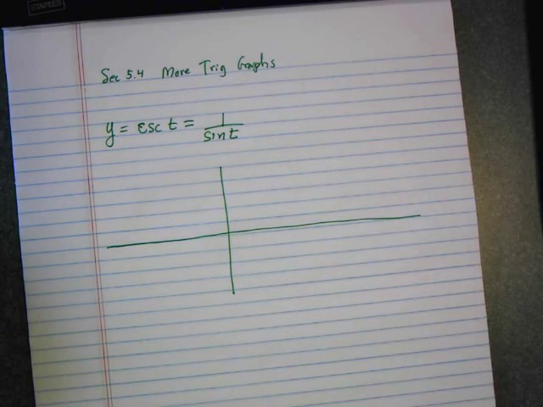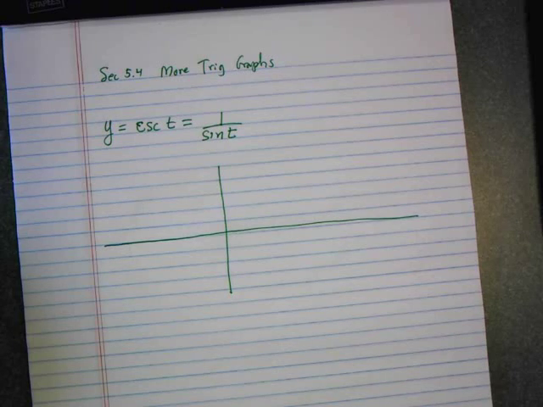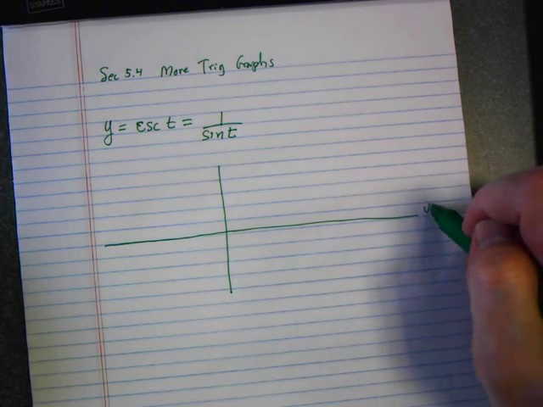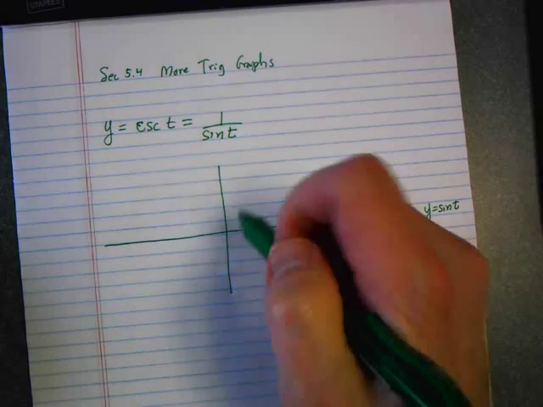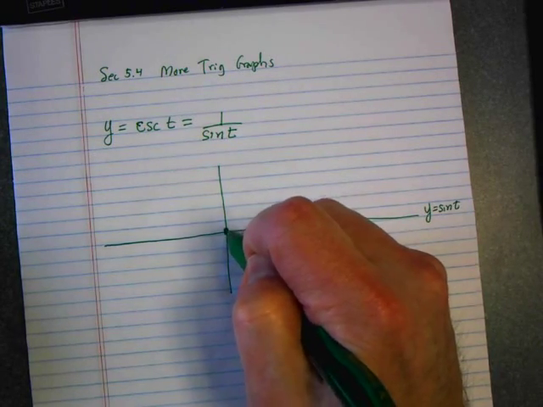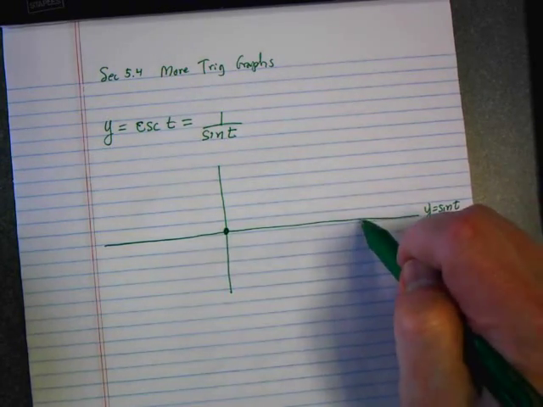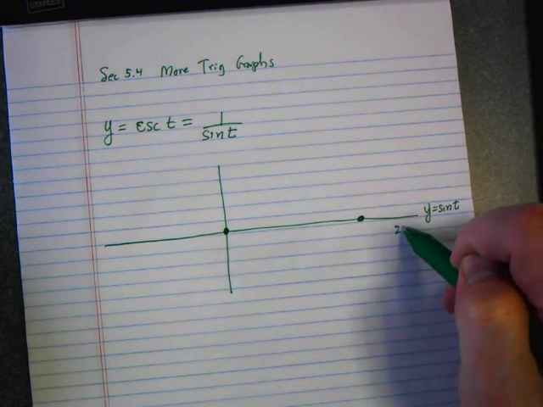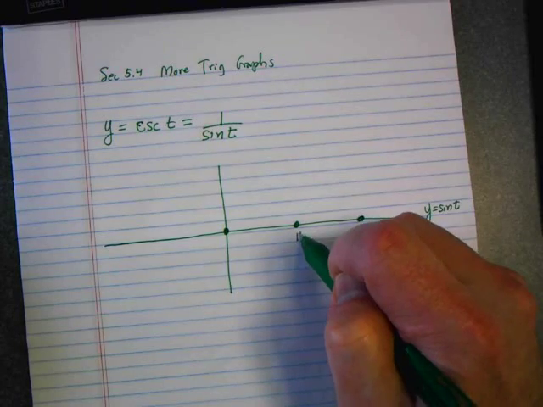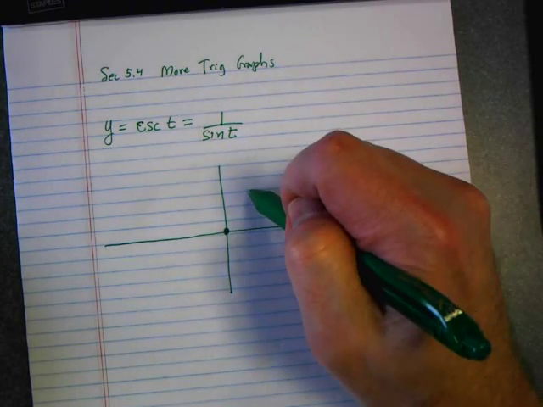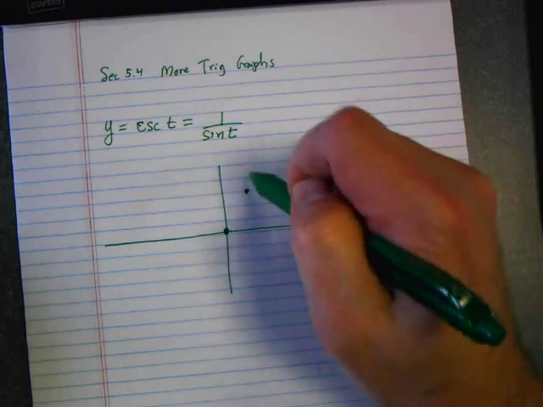So remind me again about a sine wave. What does a sine wave look like? If I were to graph y equals sine t. One cycle starts at the origin. It ends at 2 pi. The middle is pi. Where's the high point? 1.